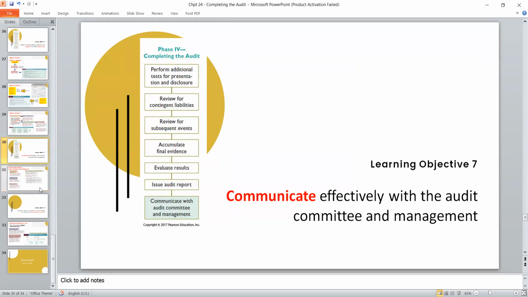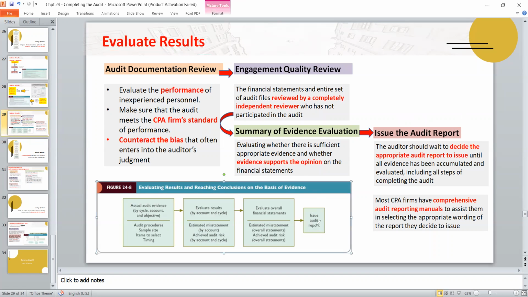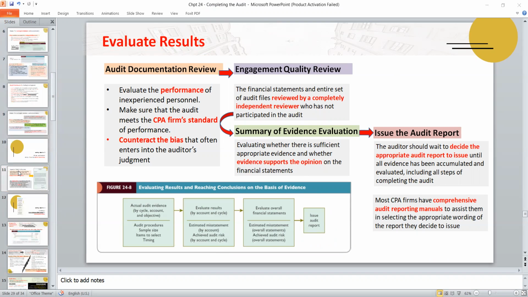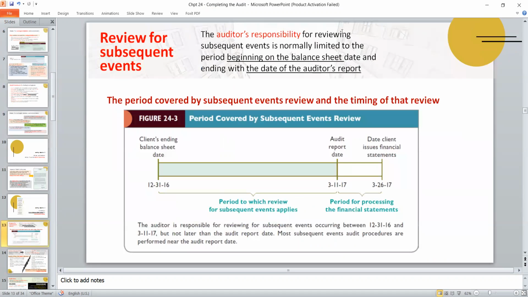And the last: issue the audit report, in this stage. In this stage the audit report is already issued, but the client has not yet issued the financial statement, because after the audit report date they have meetings.